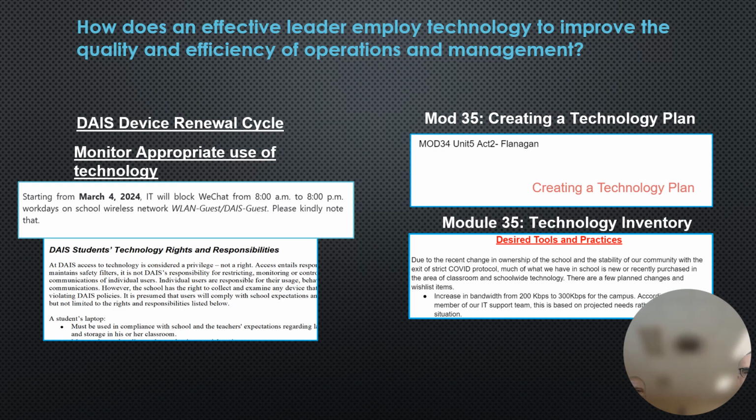And then how does an effective leader employ technology to improve the quality and efficiency of operations and management? So we do have our device renewal cycle, which I think is a pretty common practice. I did a kind of thumbnail one day where I just said, okay, if I went online and bought a laptop, how much would a laptop cost?